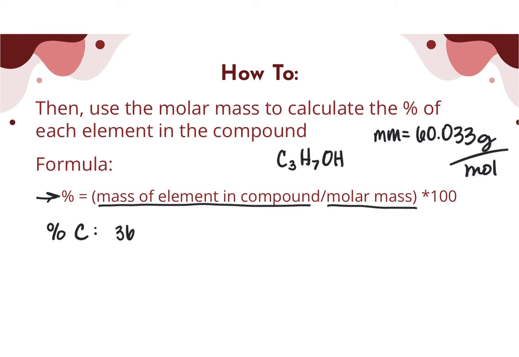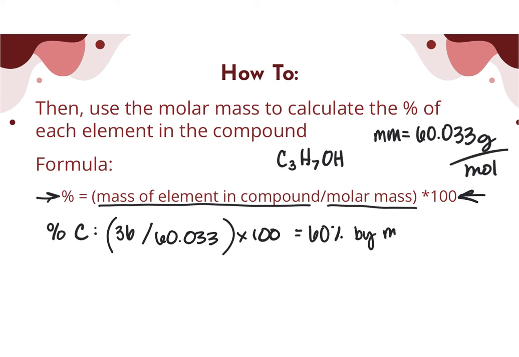So we take 36 divided by 60.033, and we multiply that value by 100. And again, I'm just using this formula that's provided for me here. When we put this in our calculator, we find that it is equal to 60%. So carbon is providing 60% of the mass of propanol.